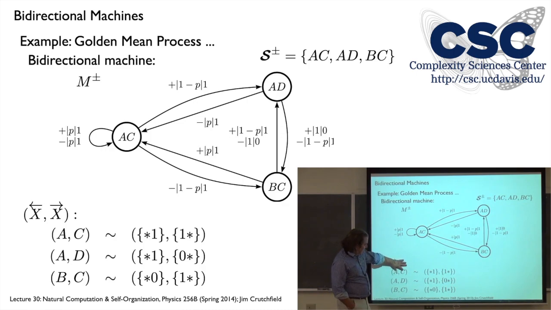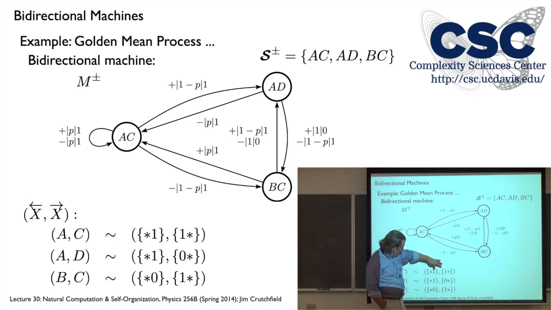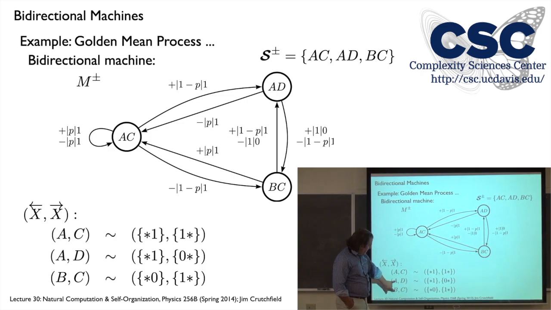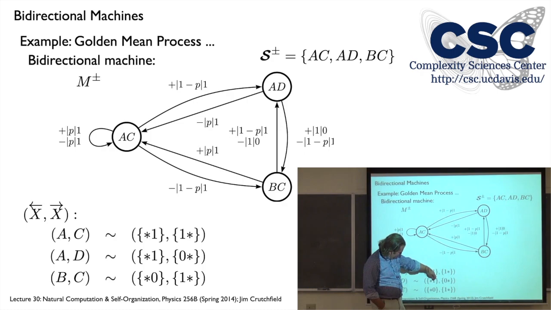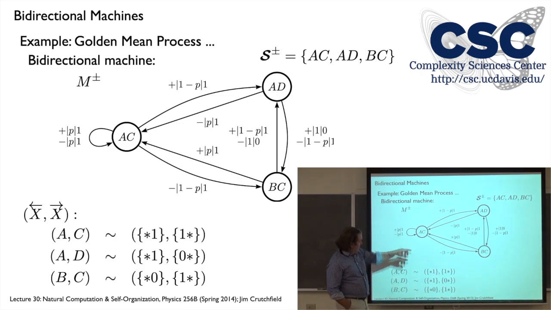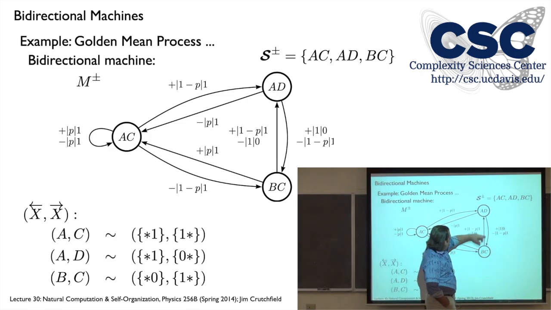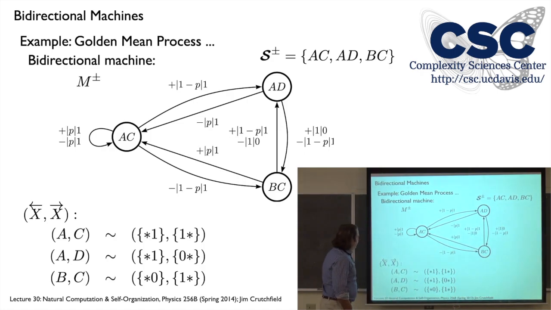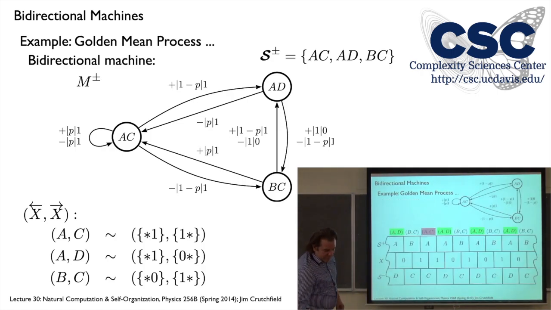So A and C correspond to having ended on a 1 coming from the future, ended on a 1 coming from the past. And then these pairs are symmetric with each other, corresponding to a past ending in a 1, future in a 0, or vice versa. Past ending on a 0 or future ending in a 1. And then you hop between AD and BC because of that.